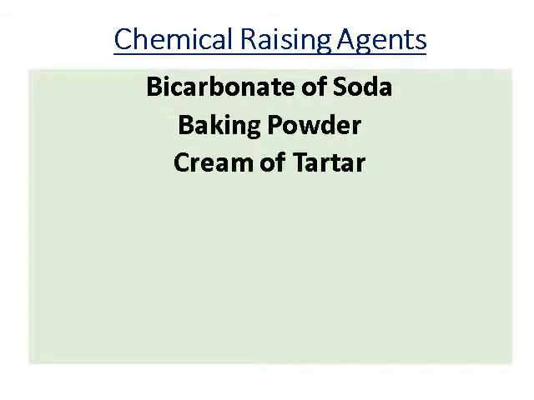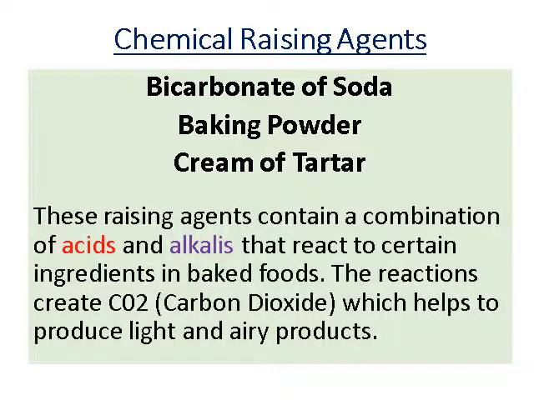The three that we mainly look at in food and nutrition are bicarbonate of soda, baking powder, and cream of tartar. Again, write down the notes here, and get across that these chemical raising agents contain a combination of acids or alkalis in order to help foods to rise.